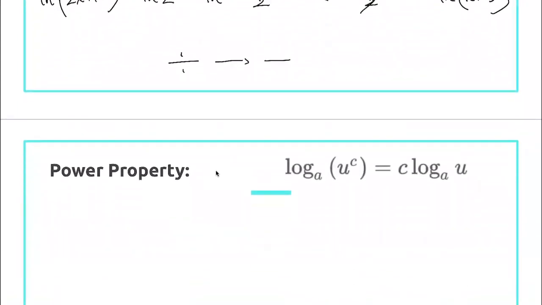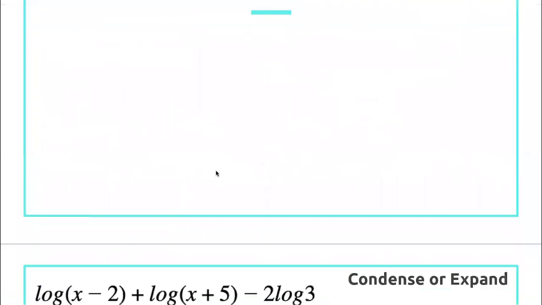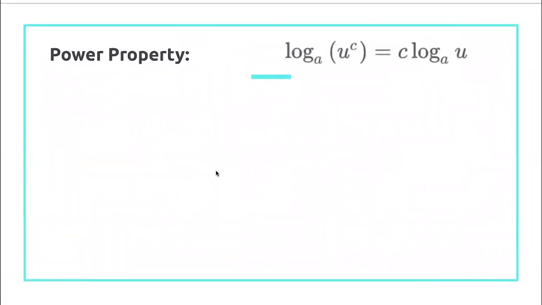All right, let's do that last property, the power property, and this will be the last thing we do today. So that power property says that if you have log of something raised to a power, you can bring this power down to the front like a coefficient.